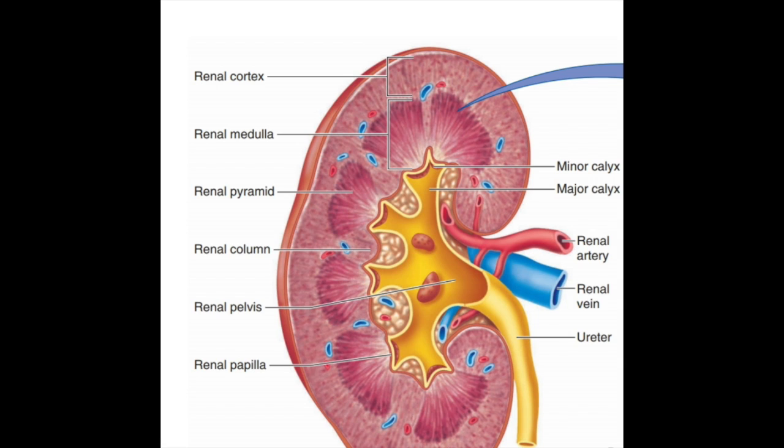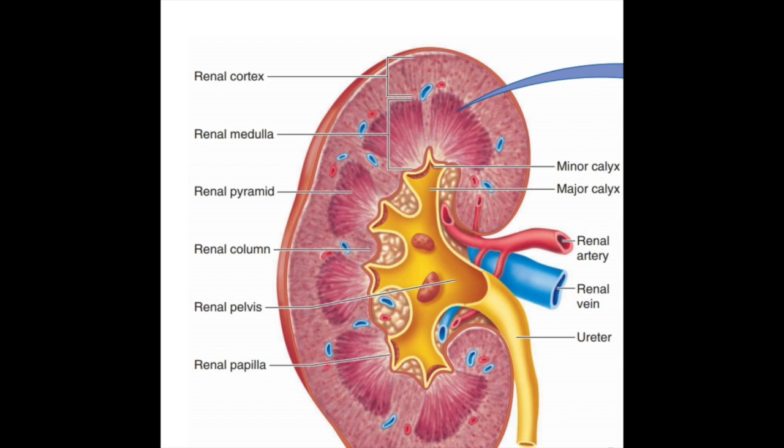And the blood that enters through the renal artery will enter into a structure called the nephron, which lies deep within the kidney and is where the processes of filtration, secretion, and reabsorption all take place.